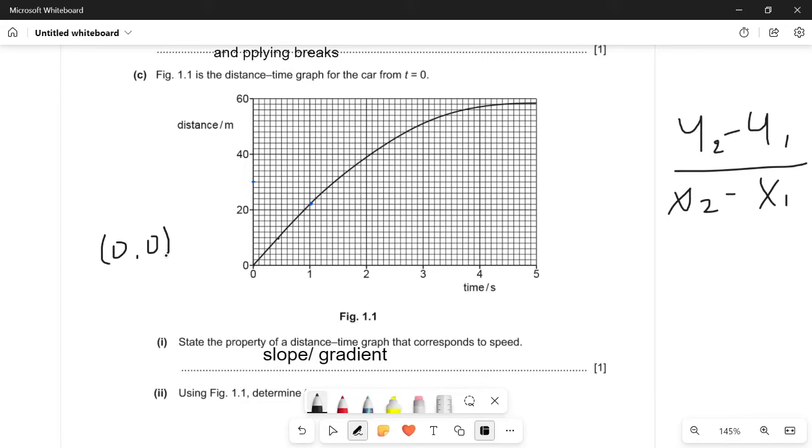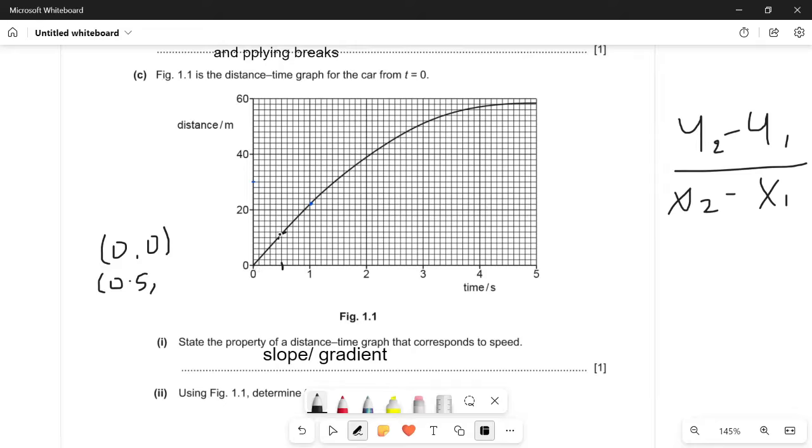And then for the second one, we can pick this point. The x-coordinate of the point is going to be 1, 2, 3, 4, 5. It's going to be 0.5. So the coordinate is going to be 0.5, comma.